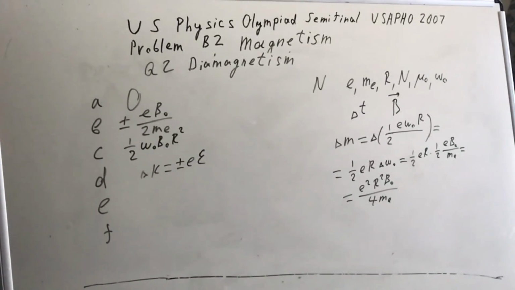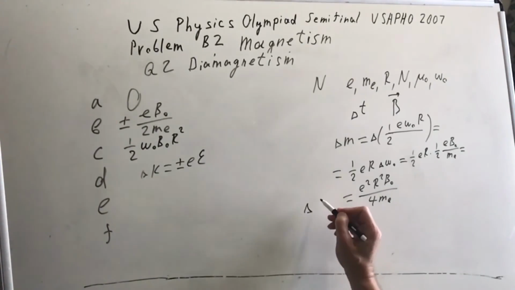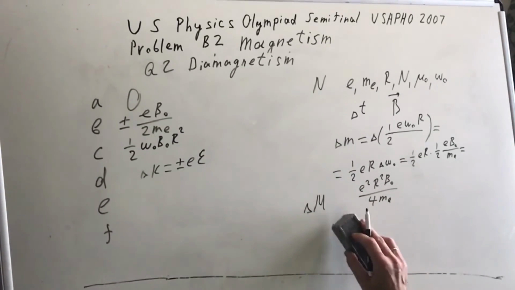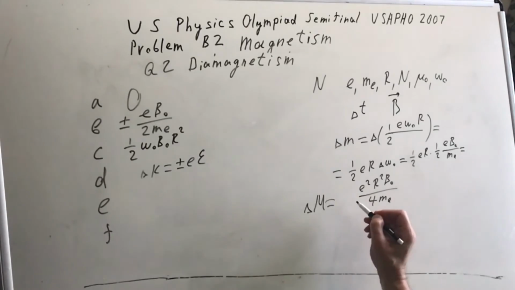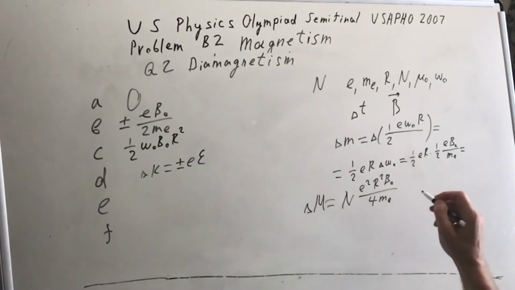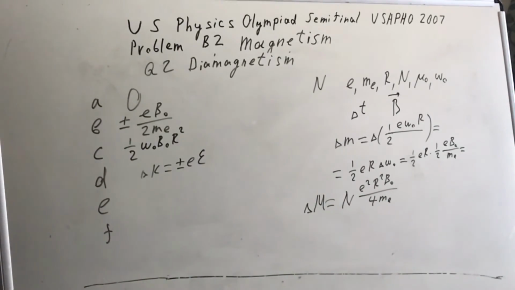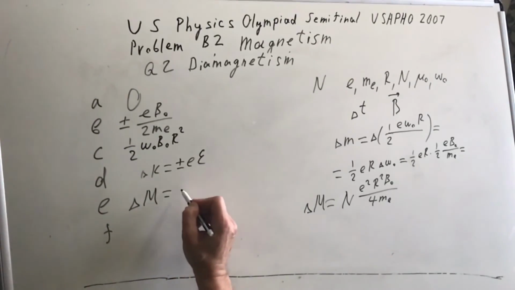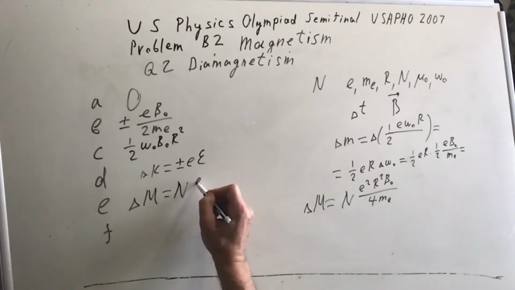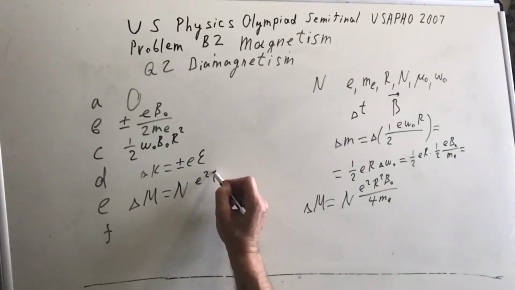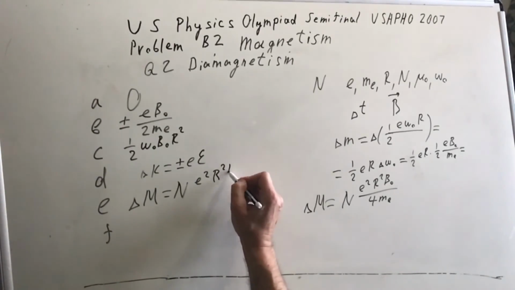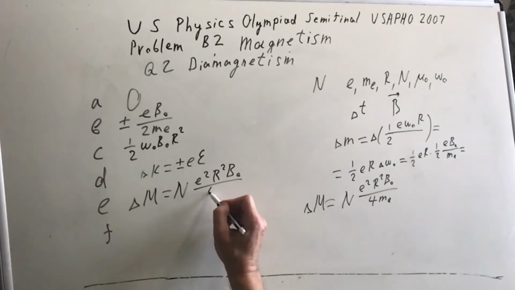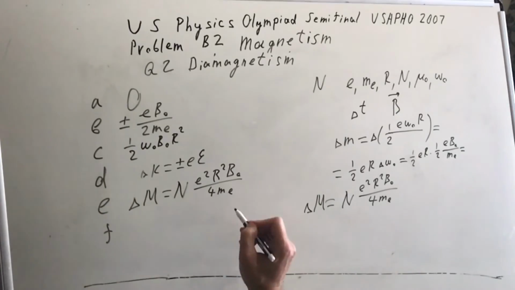And the total change for the whole material is n multiplied by this number. So the answer is dm equals n e squared R squared B0 over 4 m_e.